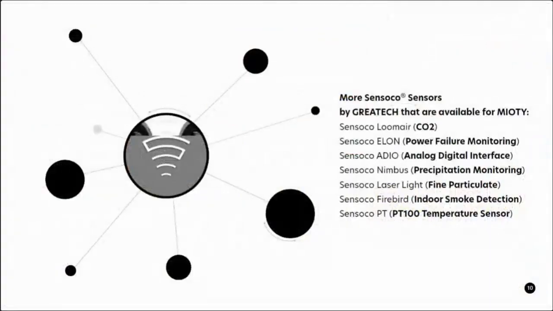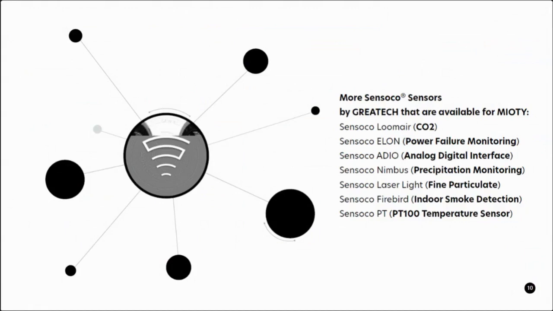Just a quick overview. The Sensoko sensors that are being provided by GREATECH at the moment that are also Mioty ready, beside THU and NTC, we have the Lumiere series, which is mainly for CO2 measurement with a very high quality CO2 sensor from Europe. We have Sensoko Elon, which is a power failure monitoring system, meaning electricity on.